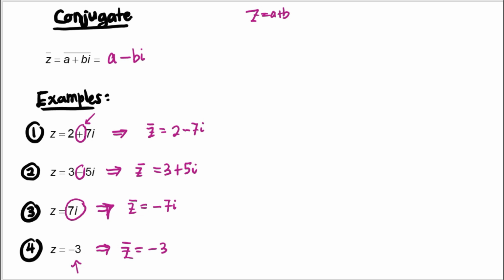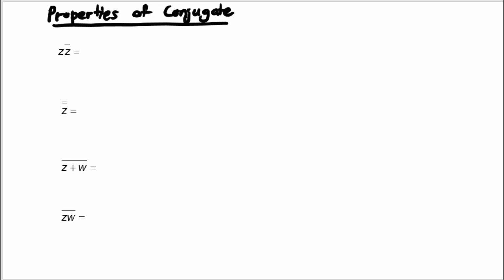Now there are some properties of the conjugate. Suppose we have z, which is given by a plus bi. Of course our z bar will be a minus bi. If we want to find the multiplication between z and z bar, what will happen? We find (a plus bi)(a minus bi) and simplify.